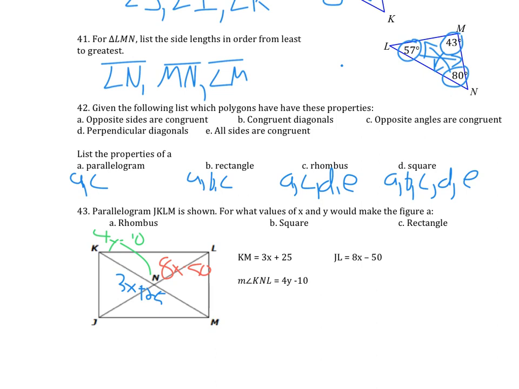So for a rhombus, we know a couple of things. We know all sides are congruent. Well, this is not asking about sides, it's asking about diagonals. As we saw above, in a rhombus the diagonals are not congruent, so we don't have to use our diagonals. What we do use is our angle, though.